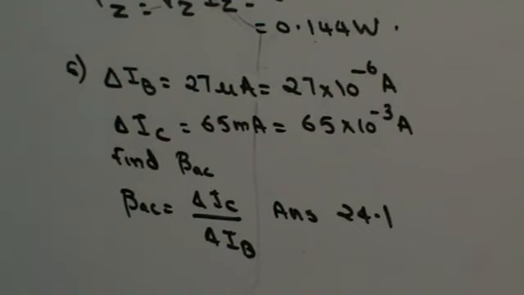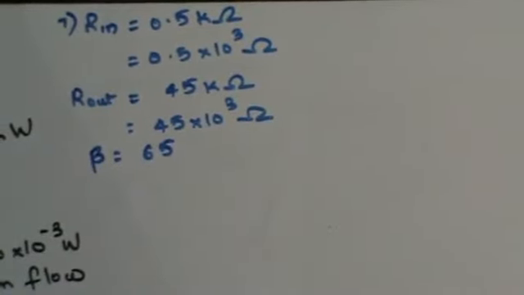If beta is 65, if the amplification factor is 65, find the voltage gain and the power gain.